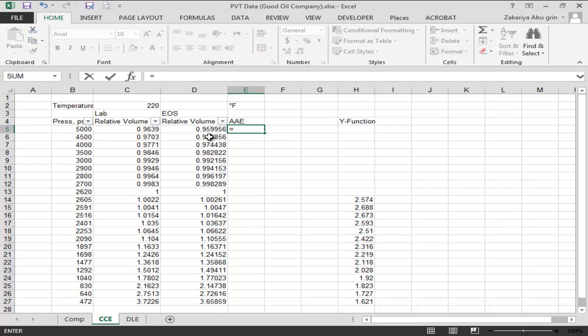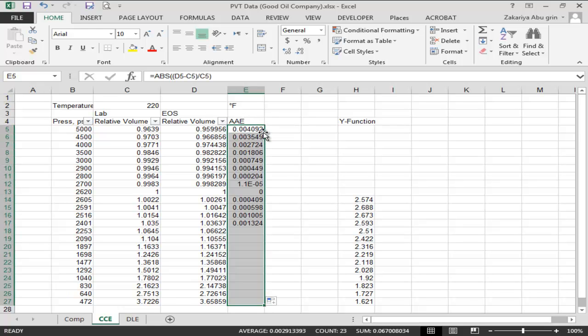So we say abs. This is how we calculate those values.